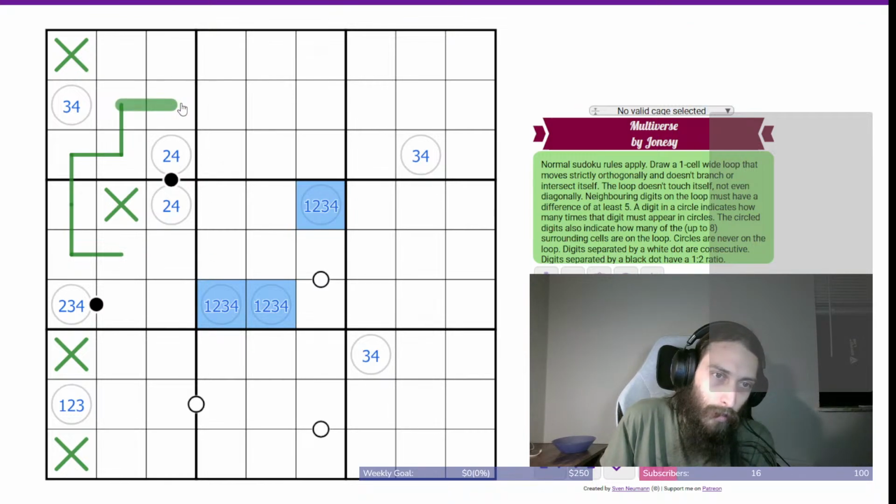If I go that way, then that's a 4. But if I go up, that's a 4. So one of those 2 is 4.